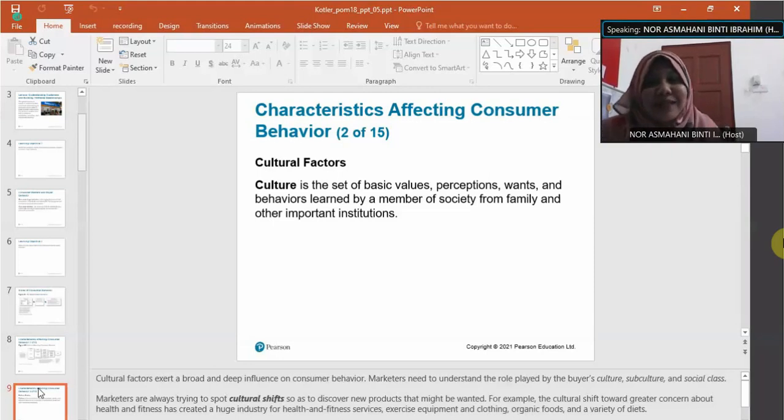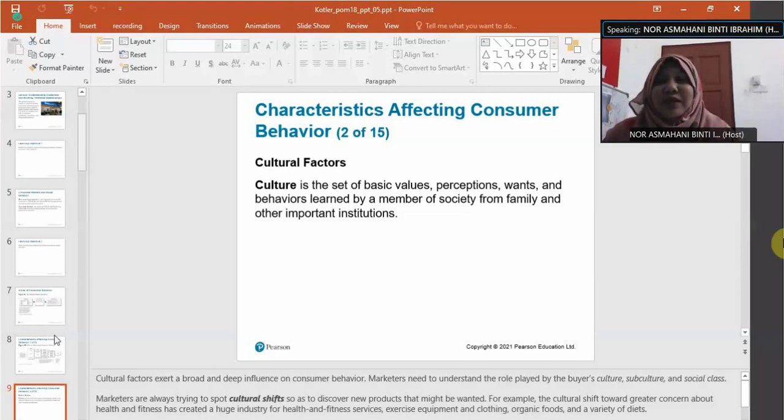Breakfast in the morning, what we eat is different, even though we are in the same restaurant. Lunch, we eat different too. I eat roti canai, they eat nasi lemak. Or my Indian friend eats nasi lemak, my Chinese friend eats roti canai, for example.